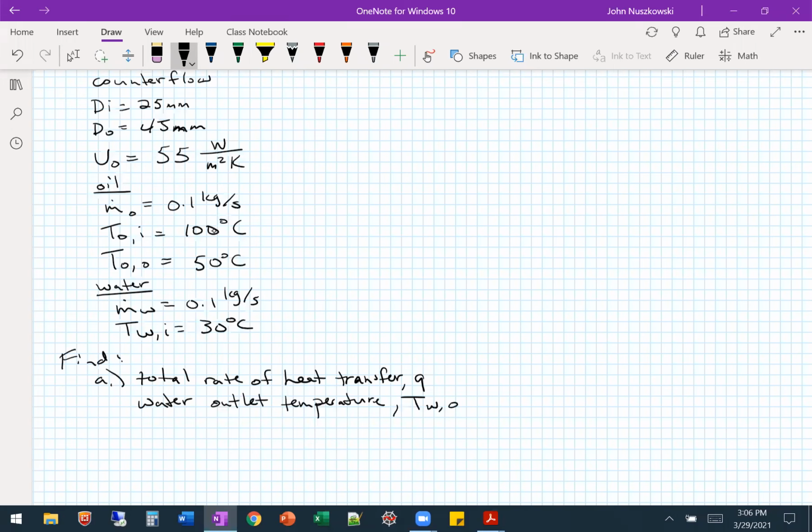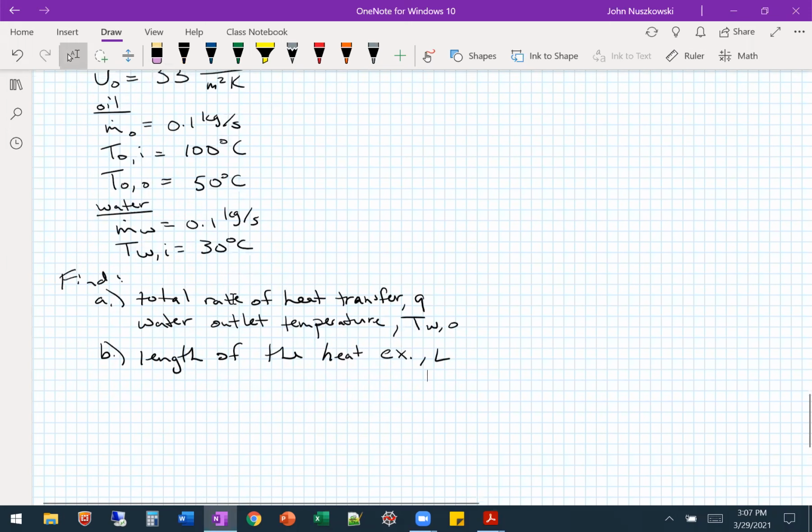And then part B asks for the length of the heat exchanger. Let's write that a little neater. So that would be L. Properties down here in a minute.